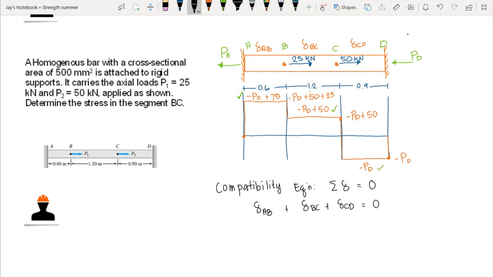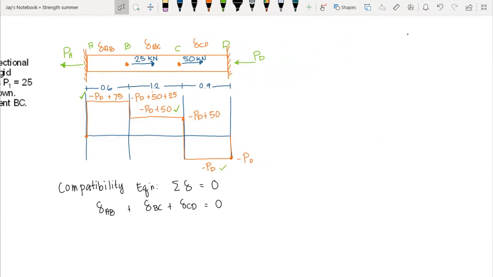So in this case, we can now use the deformation formula, that is PL over AE. So we have the deformation of AB plus the deformation of BC plus the deformation of CD is equal to 0.